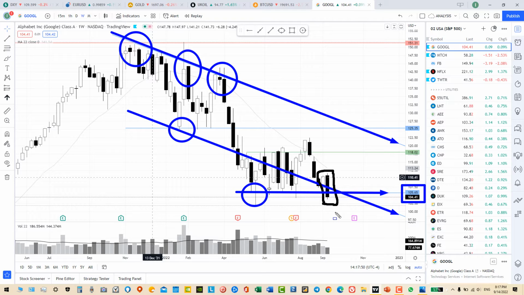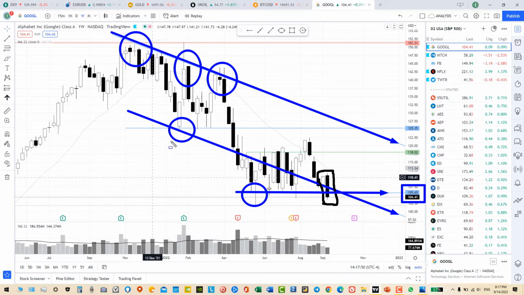And so this is a combo break, a joint break. You can call it a double break, where the price is breaking two different supports at the same time, running approximately at the same area. And this is what's happening now in Google, which is considered a very negative sign.